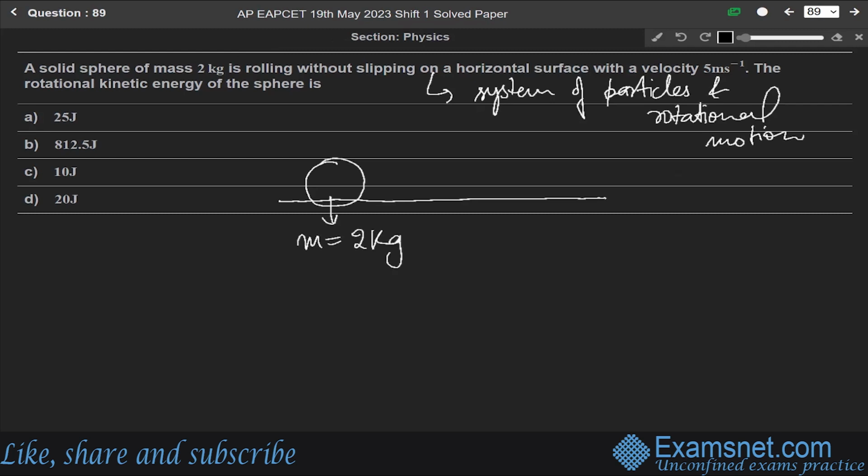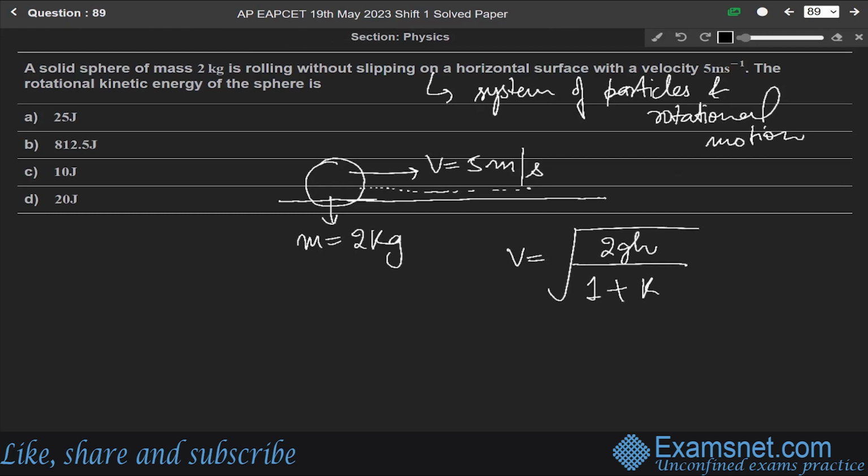It is rolling without slipping on a horizontal surface with a velocity of 5 meter per second. Okay, the rotational kinetic energy will be, since the velocity of a rolling body at the bottom of the inclined plane will be v is equal to under root of 2gh over 1 plus k square over r square.